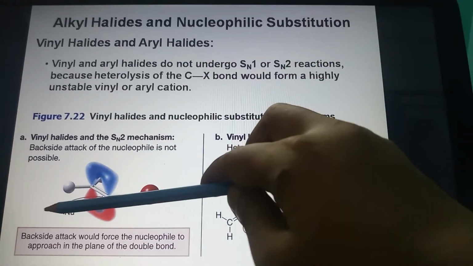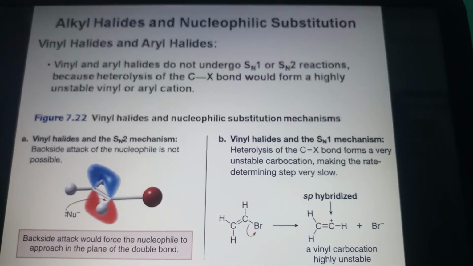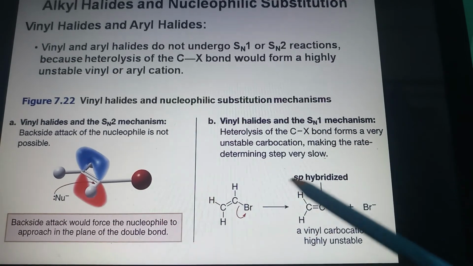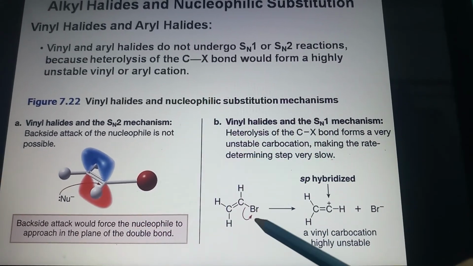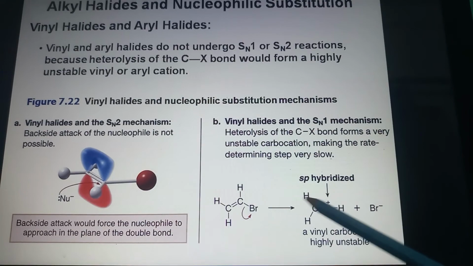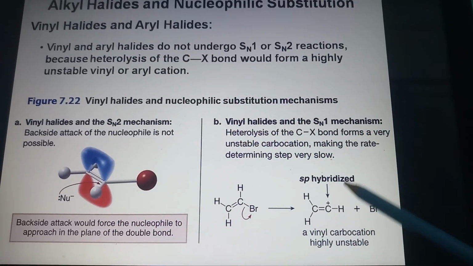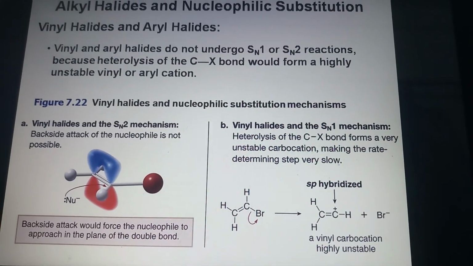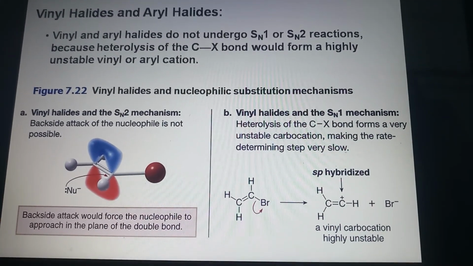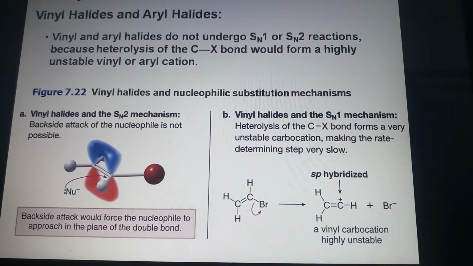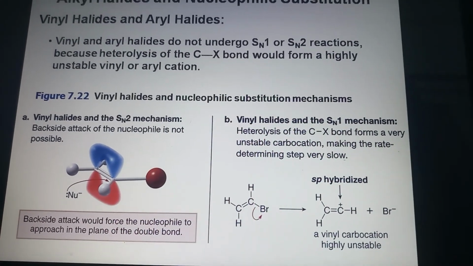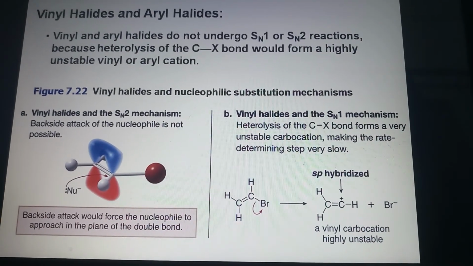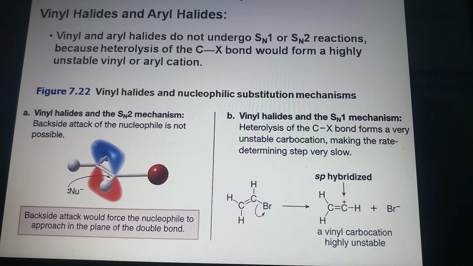You can see it should approach from the plane of the double bond, which is not possible. If we consider the SN1 mechanism for vinyl halides, then in the first step a carbocation should form, and the carbocation at the sp2 carbon is a very unstable carbocation, making the rate determining step very slow. So the SN1 mechanism is not possible for vinyl halides. The similar situation is also true for aryl cation.